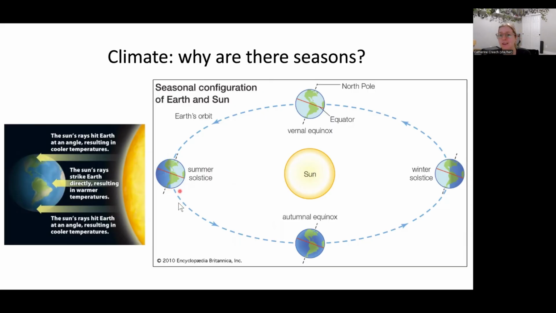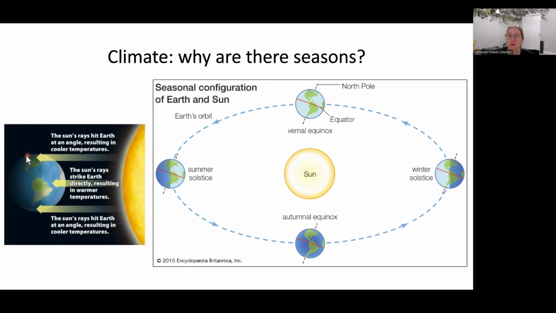Why does that matter? It matters because the sun is constantly pulling out solar radiation, which is hitting us, but because the Earth is a sphere, the solar radiation doesn't affect each part of it the same. So sun rays that are hitting the Earth straight on, they are much warmer and much more absorbed by our Earth. Sun rays that hit the Earth at this angle, most of them kind of roll off.